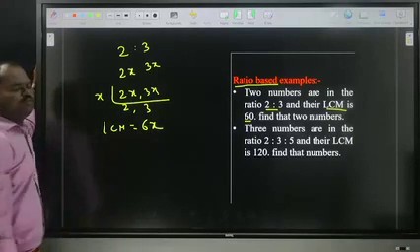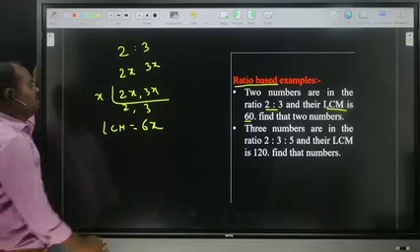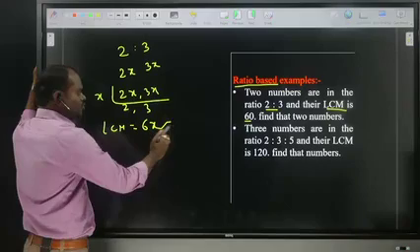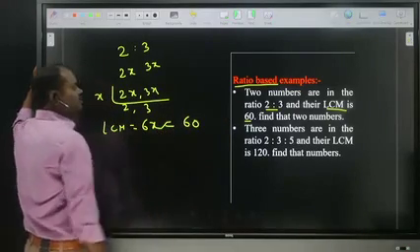As per our assumption the LCM is 6x, and as per the question the LCM is 60.